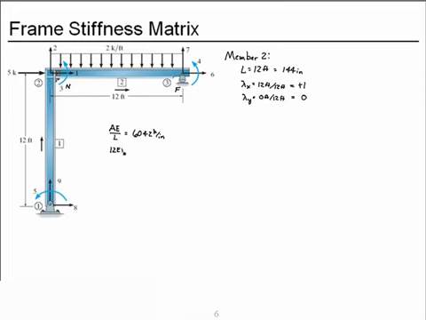We need 12EI over L cubed. E, I, and L are all the same for member 2 as they were for member 1, so we've pre-calculated this one as well.